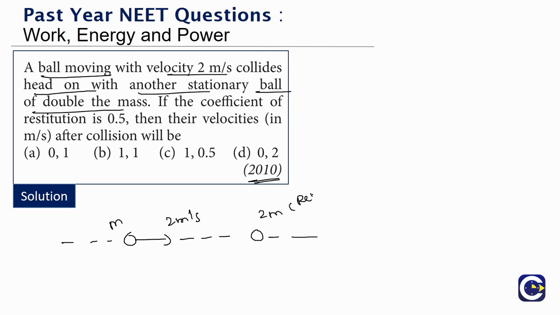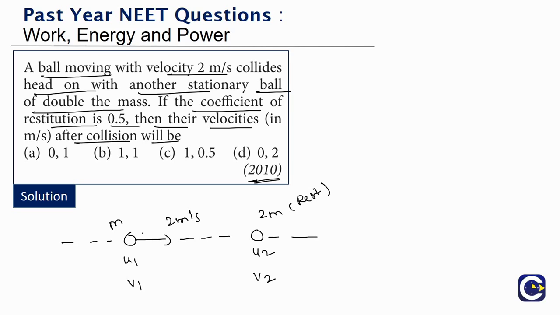Now the double the mass object is basically at rest, stationary. If the coefficient of restitution is 0.5, then what will their velocities be after the collision? So if you take the initial velocities before the collision as u1 and u2, and final velocities after the collision as v1 and v2, then first, for any type of collision, the conservation of momentum principle will be applicable, because collision is an internal phenomenon, correct?